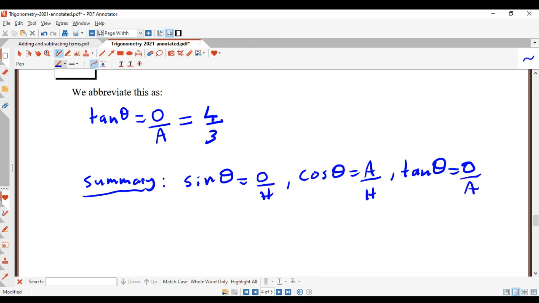Now, there is a word which we use to remember this.